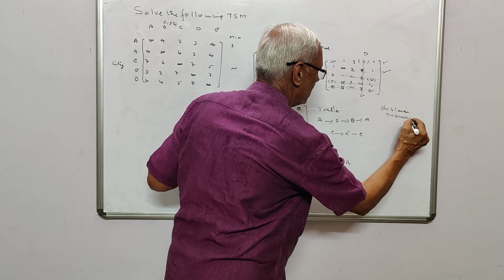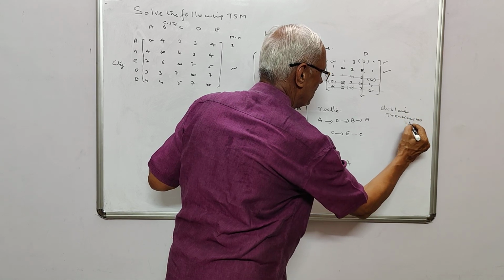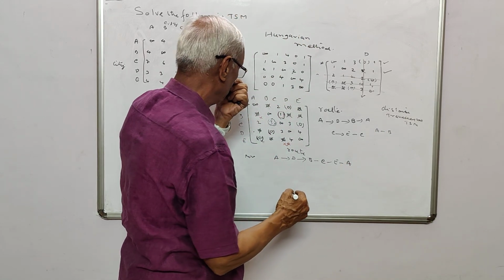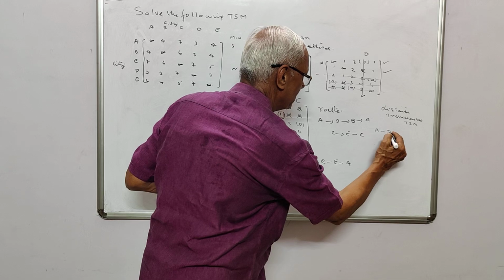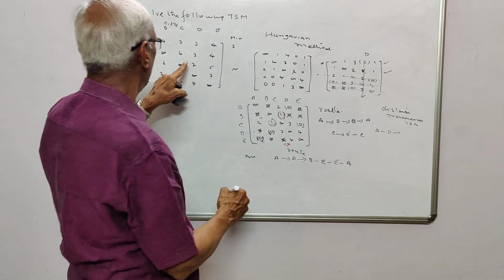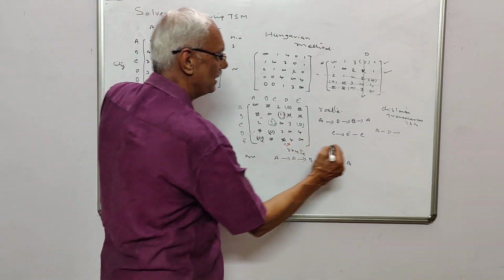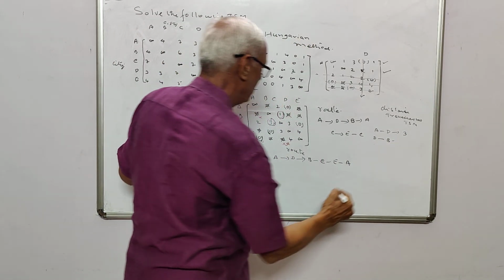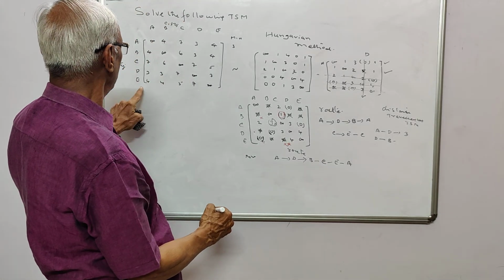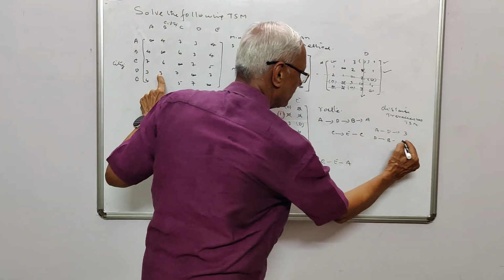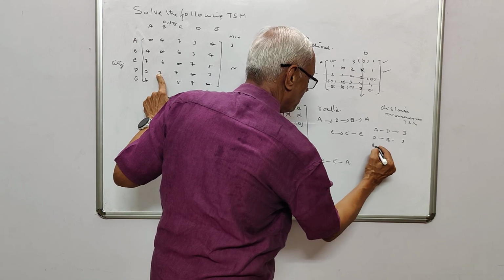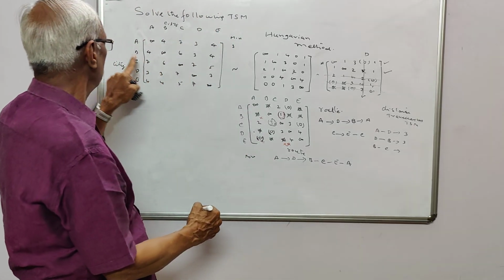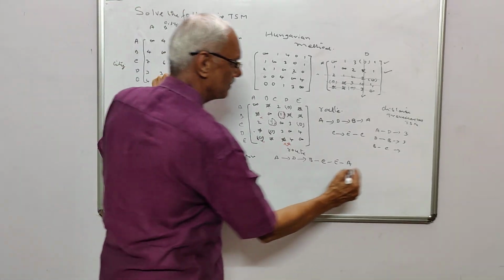Distance traveled by the TSM. See, A to D, what is the distance? A to D, can you see this? A to D is 3. Then he goes from D to B. D to B is 3. Then B to C. B to C, what is that? B to C is 6.